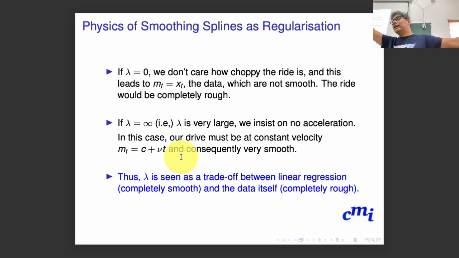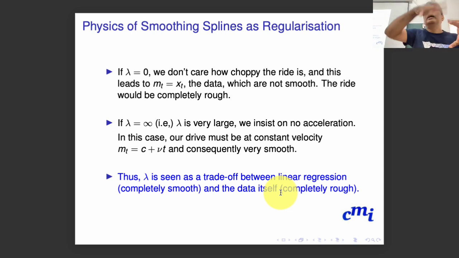So lambda is seen as the trade-off between linear regression, completely smooth, just a straight line, and the data itself, completely rough, going up and down, up and down. Somewhere in the middle it tries to capture the trend line.